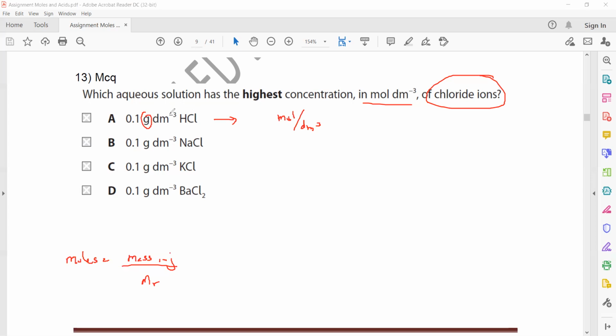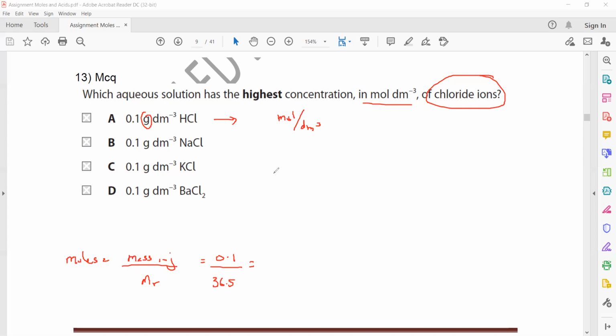So for HCl it is 0.1 gram divided by molar mass. What is the molar mass of HCl? Hydrogen is 1 and chlorine is 35.5, so the total will be 36.5. So 0.1 divided by 36.5.